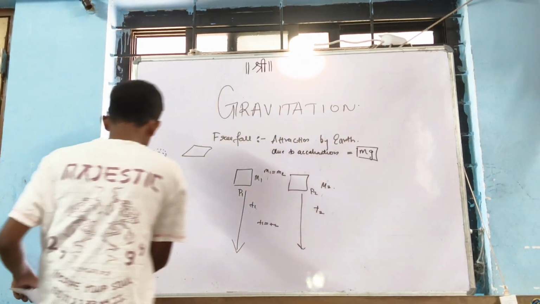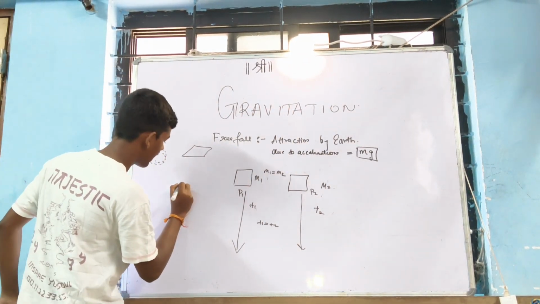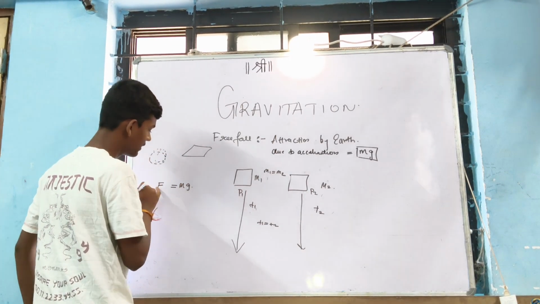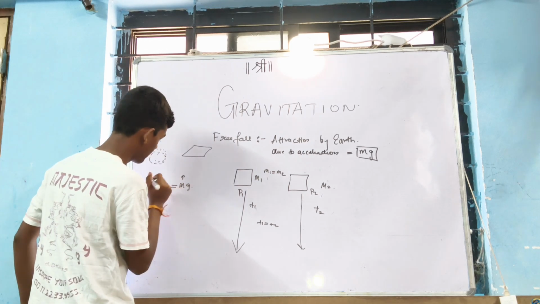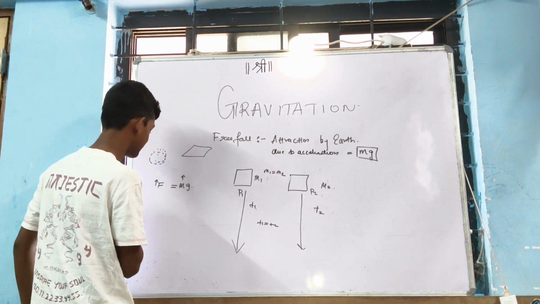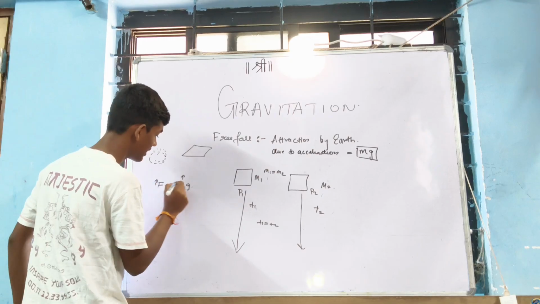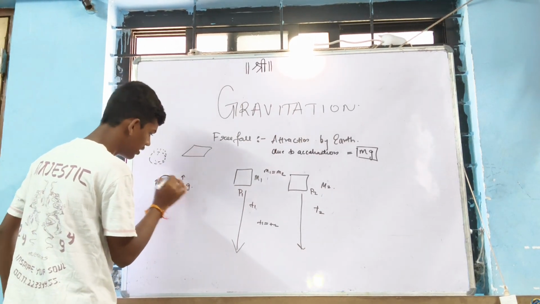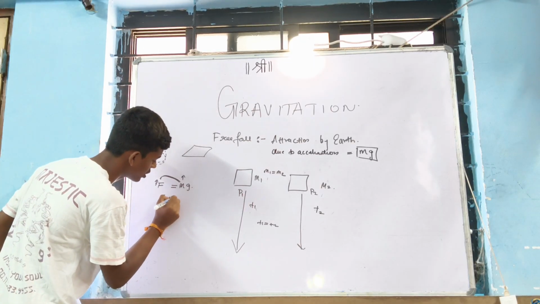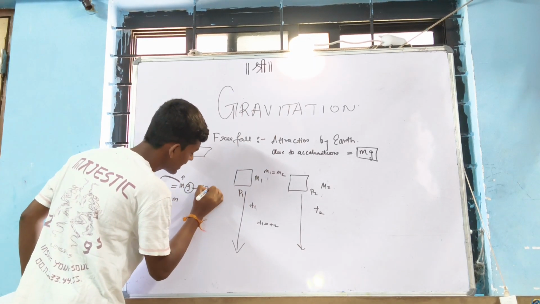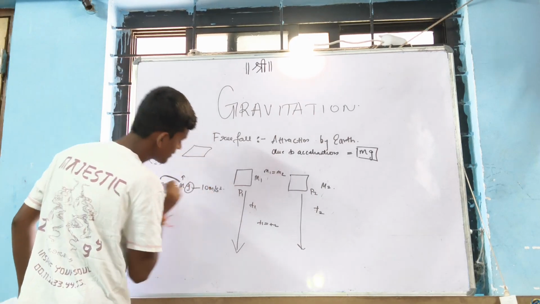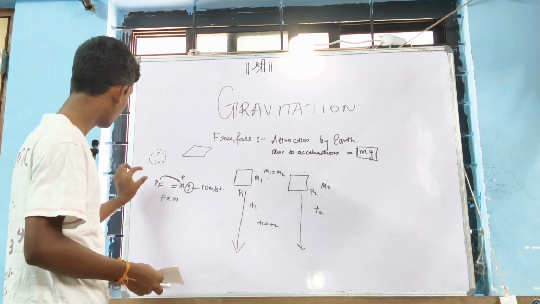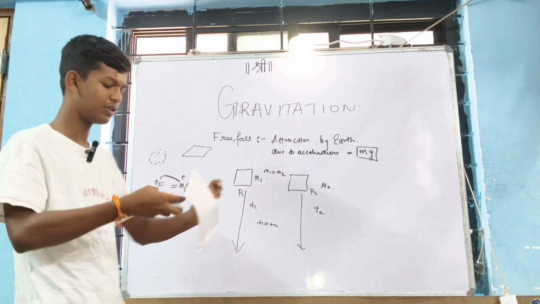If the mass increases, the gravitational force will be increased because force is directly proportional to the mass, and g is constant here, which is 10 m/s² acceleration.